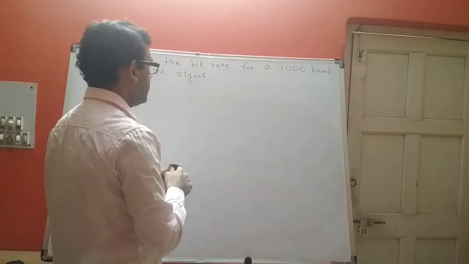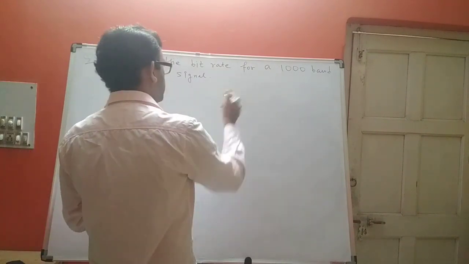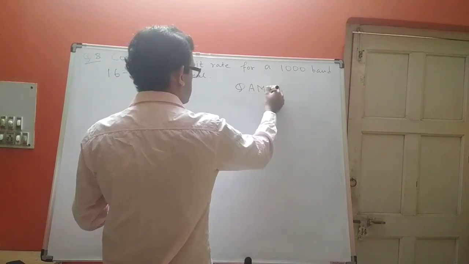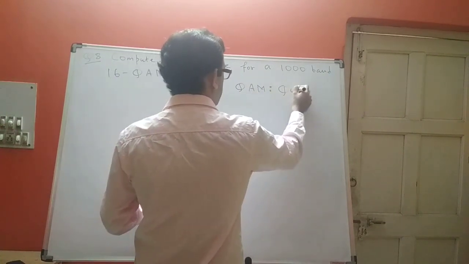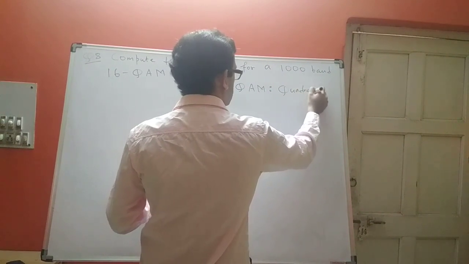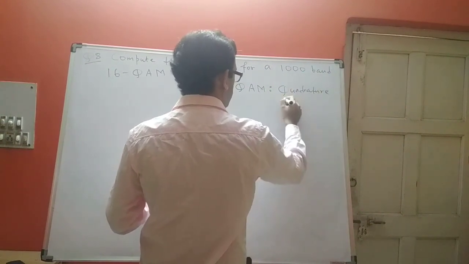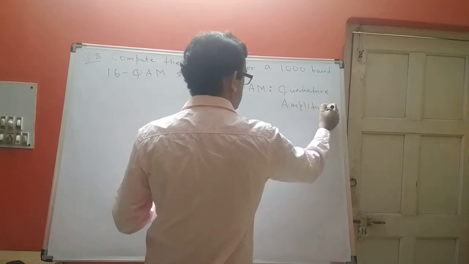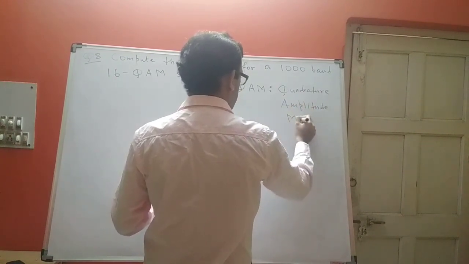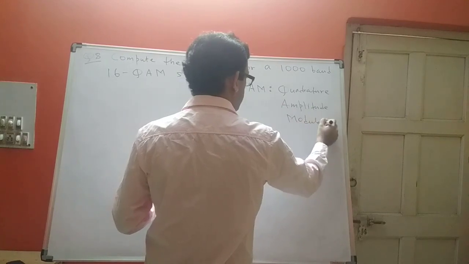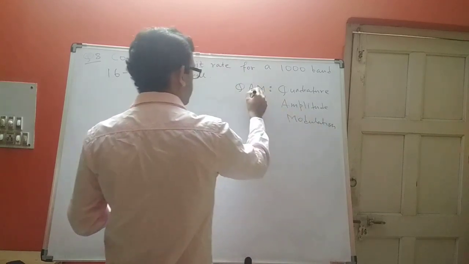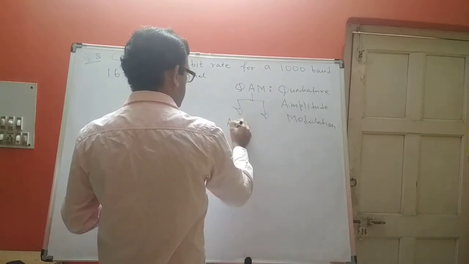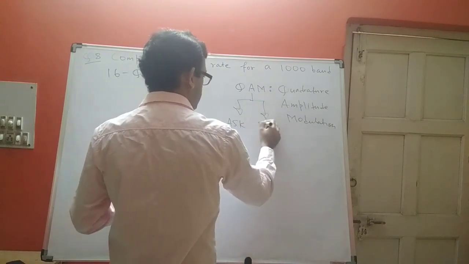What is QAM? If you remember, QAM stands for quadrature amplitude modulation, and it is formed by combining ASK and PSK.